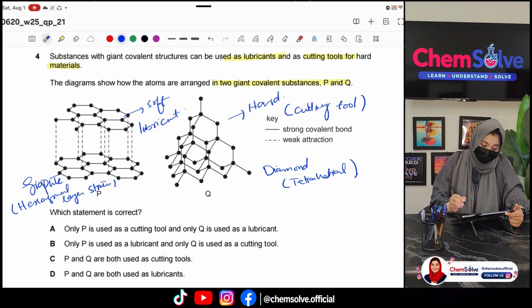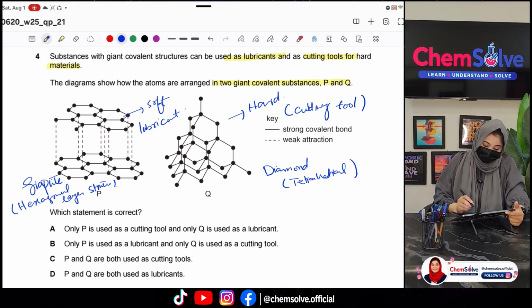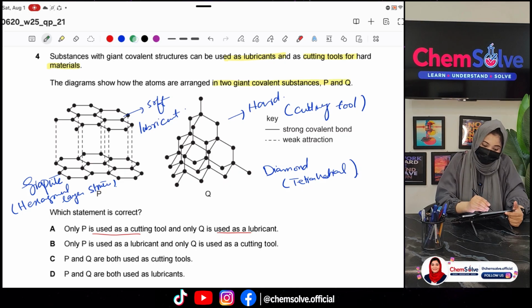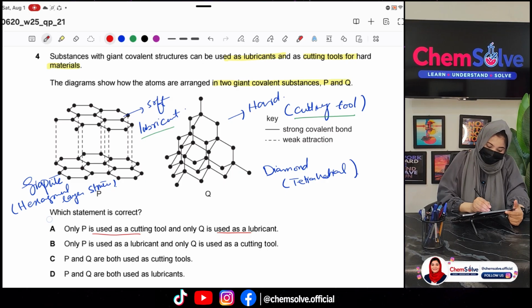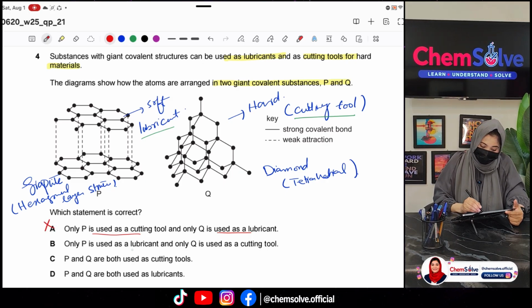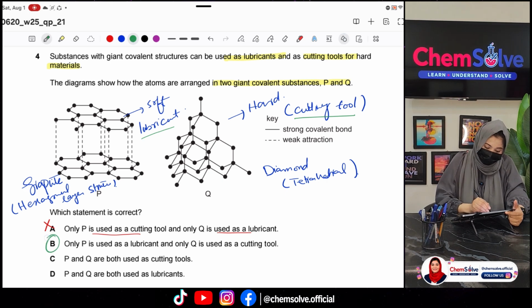So look at options. Option A says only P is used as a cutting tool, Q is used as a lubricant. No. P is used as a lubricant and Q is used as a cutting tool. So this is wrong. Only P is used as a lubricant and Q is used as a cutting tool. Yes, this is the correct option.